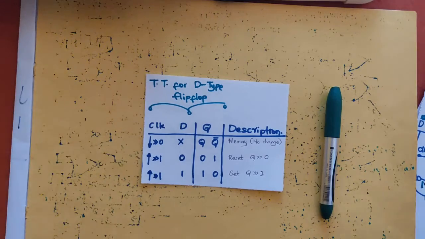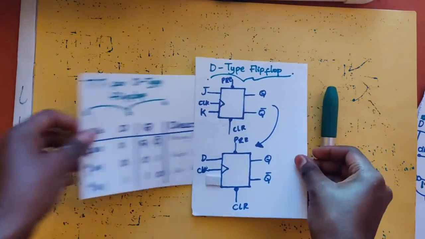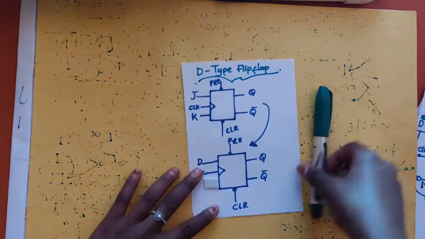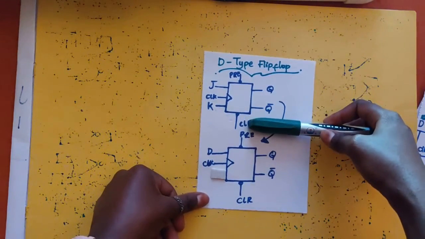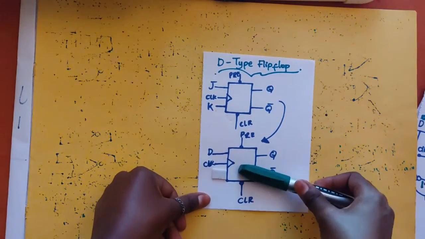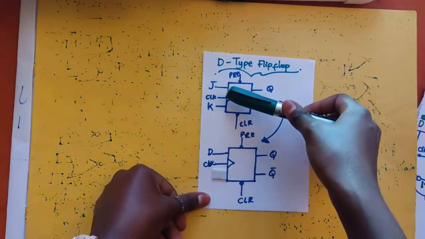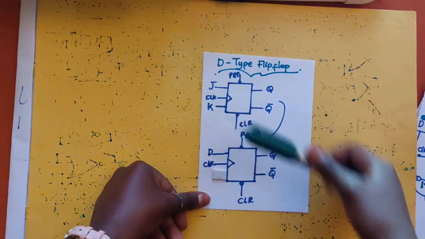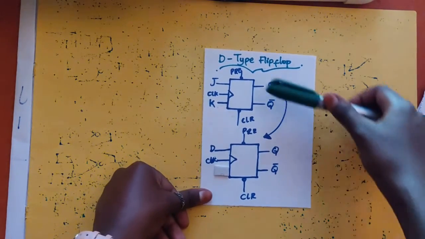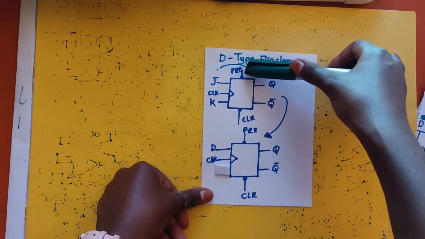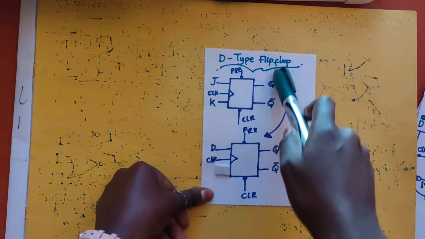Now, I mentioned in a previous video about the pre and clear. Pre and clear can be added to D-type flip-flops. It can be added to JK flip-flops, and it can also be added to the SR flip-flop. What it does is that it will override all these other inputs.